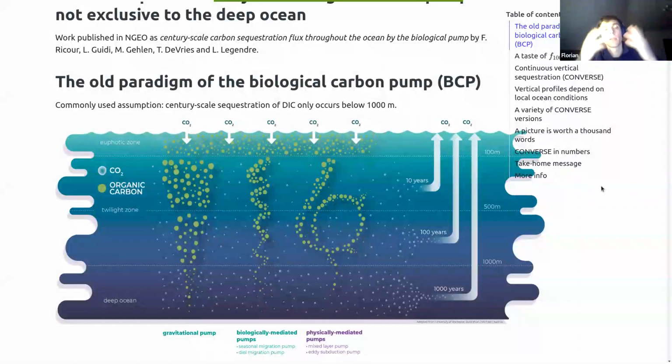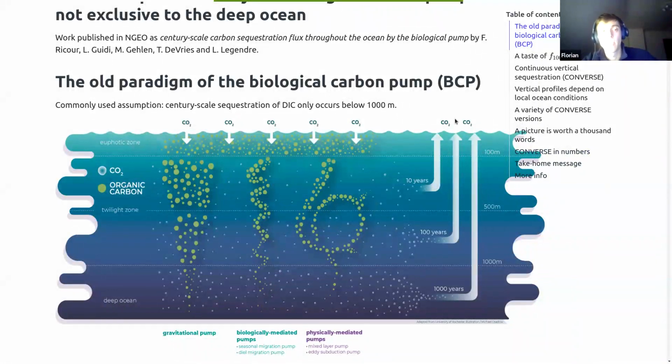Once this carbon is exported at depth, a part of it will reach the sediments by the gravitational pump, which is a very small part, but most of it will be remineralized. And once this biogenic DIC is remineralized, the question is, how long is it going to be sequestered from the atmosphere?